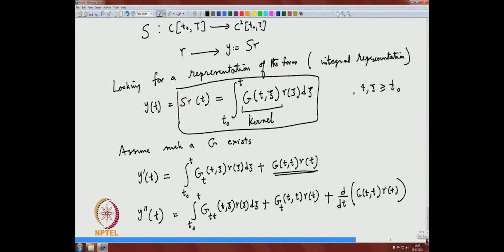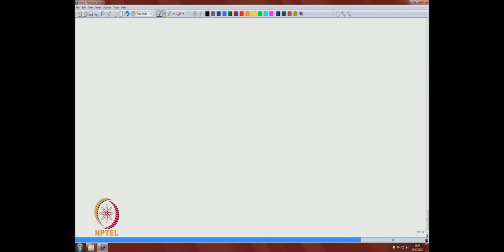So, you have calculated y prime of t and y double prime of t, and you substitute in the equation. So, you will have L of y of t. You can actually do these justifications, because we have not introduced g yet.